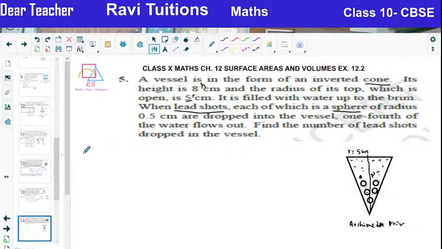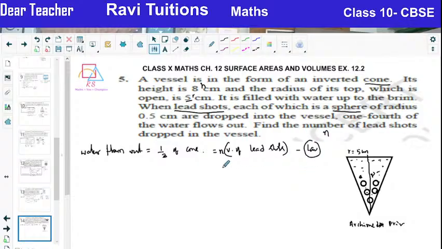Water flown out is equal to 1/4 of the cone, which is equal to the volume of lead shots. How many lead shots are there? We don't know. Let it be n. So this is the Archimedes principle, the law of flotation.